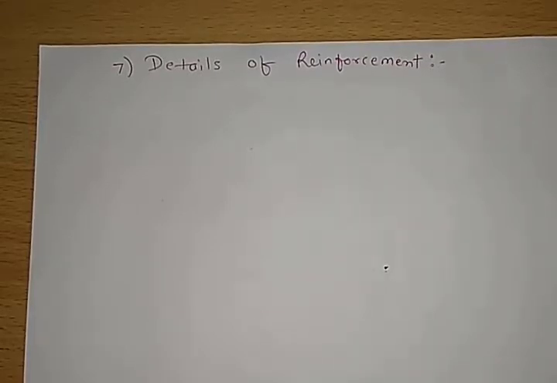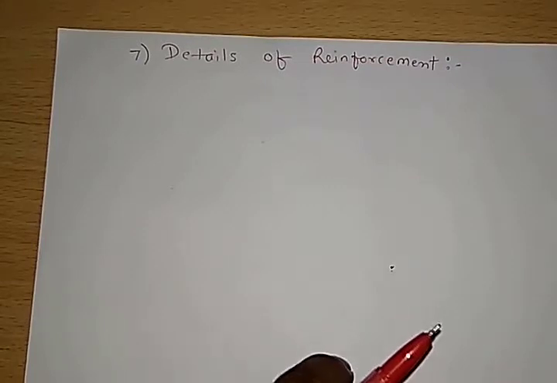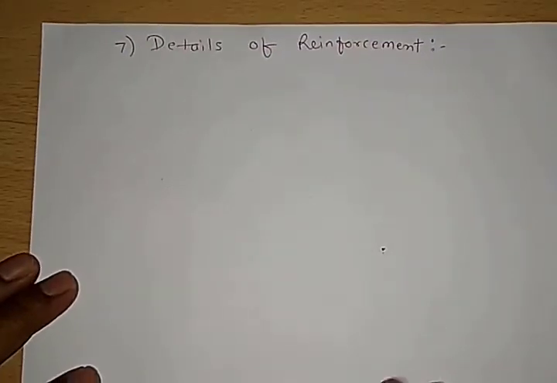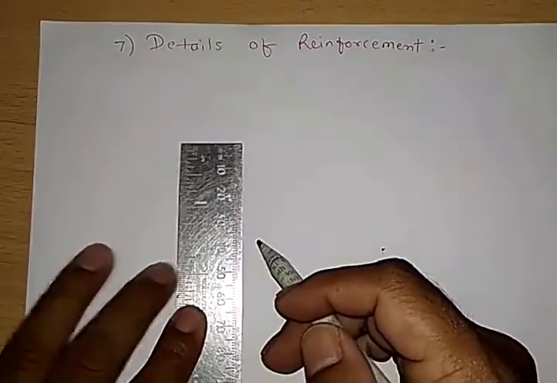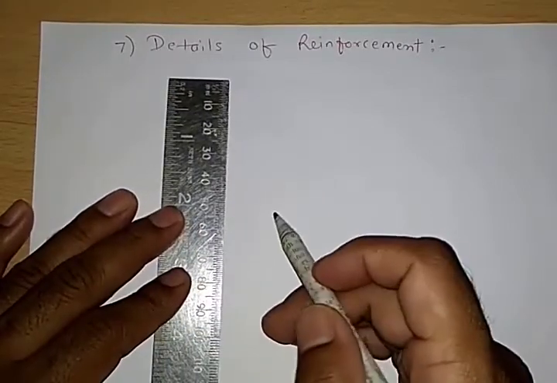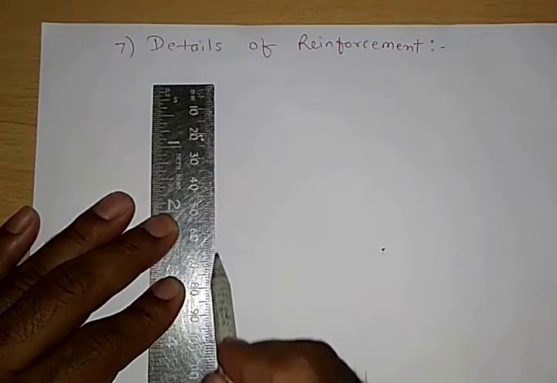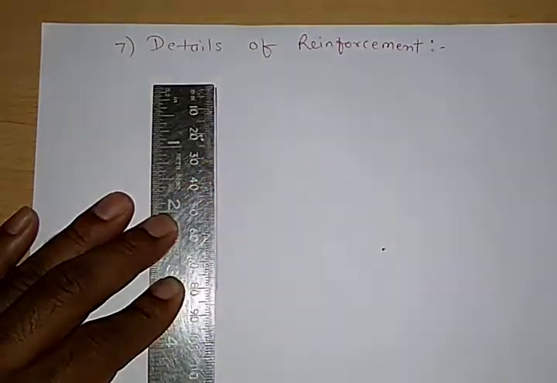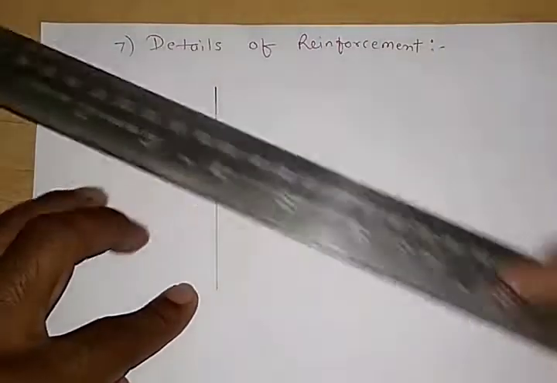Now in this case, we are going to go for the reinforcement detail. So we know that the water tank has a depth of 4 meters. So we are going to double it, 8 meters. And we have the thickness of 170 mm, so here also we can double it.